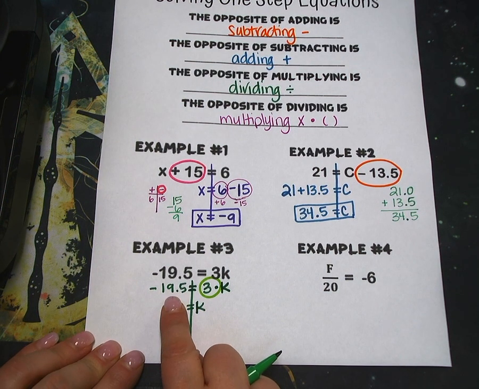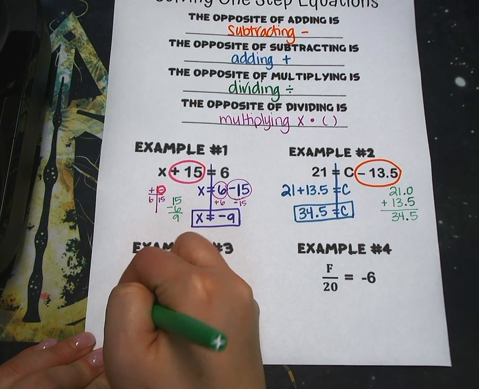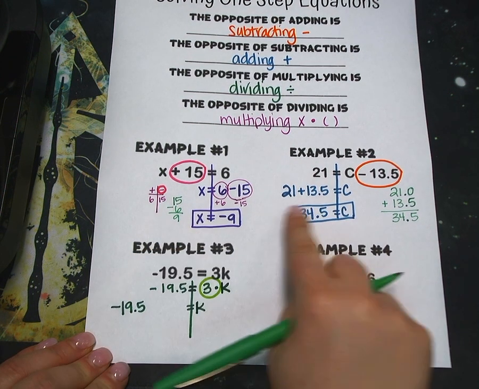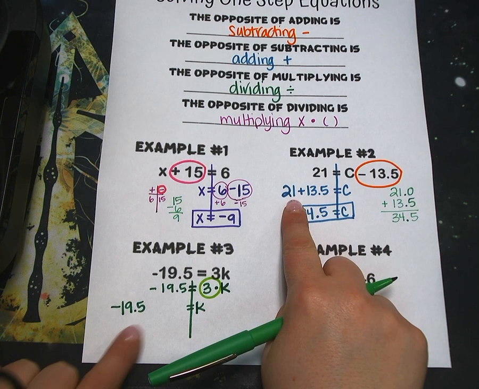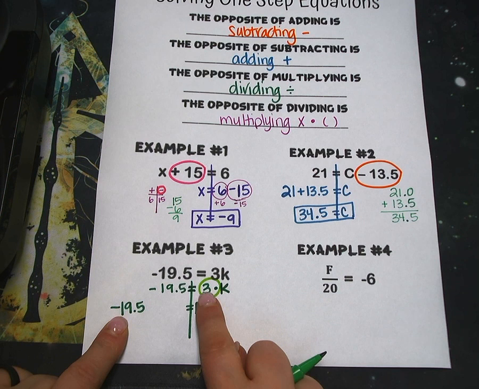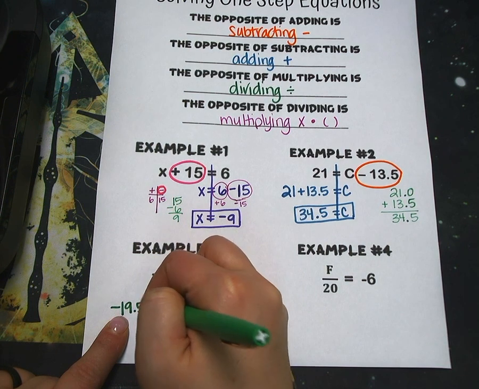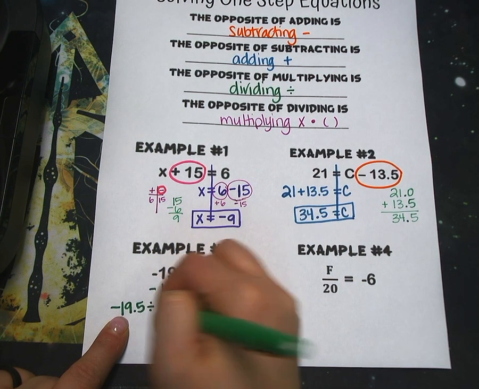And remember, because I want it to be the first number, I'm going to scoot it all the way over here, just like we did with the 21. I scooted it over to make room for whatever I'm going to do with this. So multiplying by 3, the opposite again is dividing by 3.